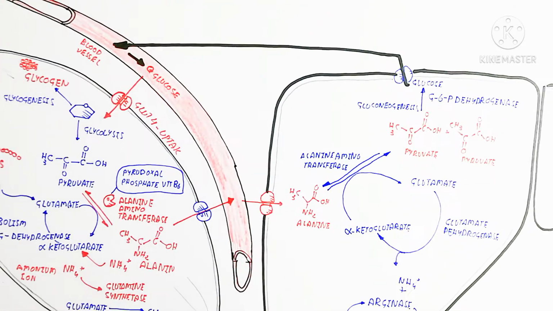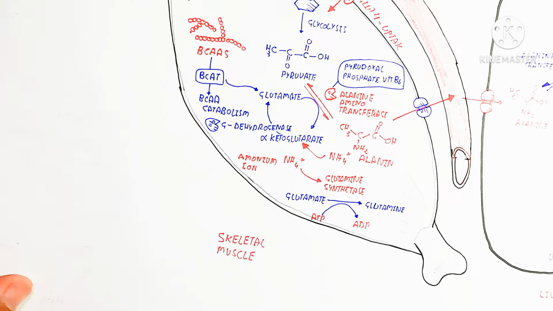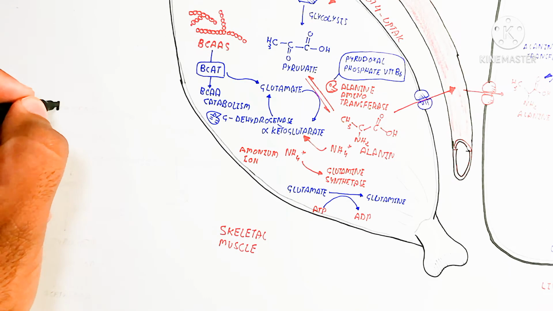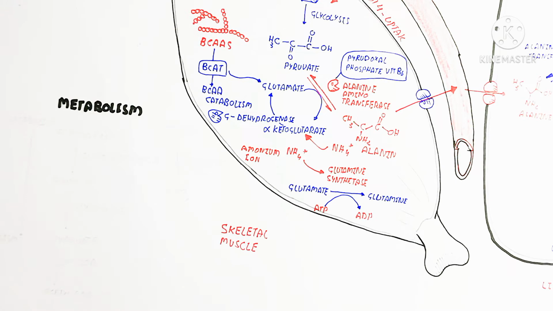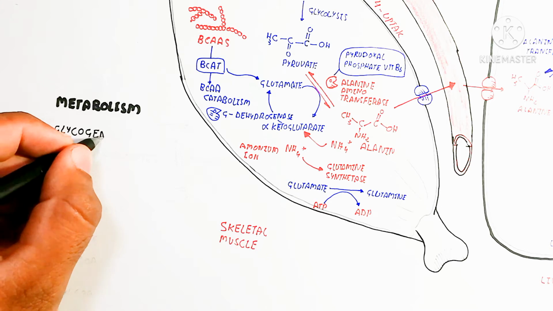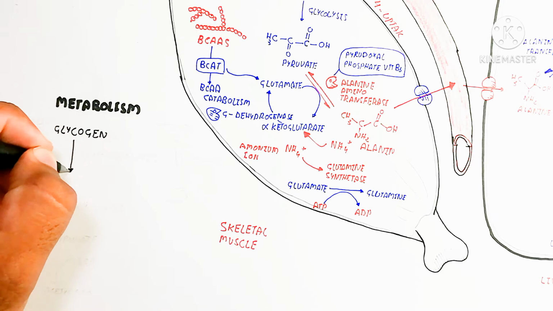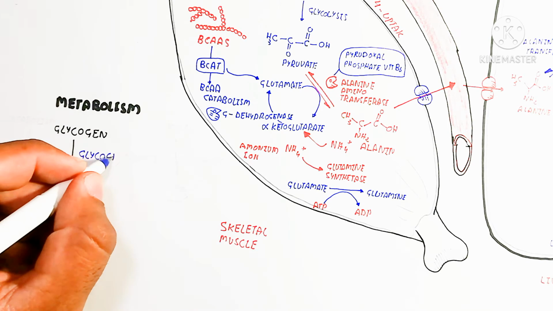On the other hand, the two molecules of pyruvate go through gluconeogenesis to produce glucose, and this glucose goes back into the blood. So the blood sugar stays normal during fasting time, and that is why glucose stays normal, because of the glucose-alanine cycle.